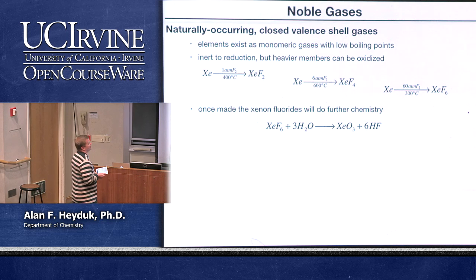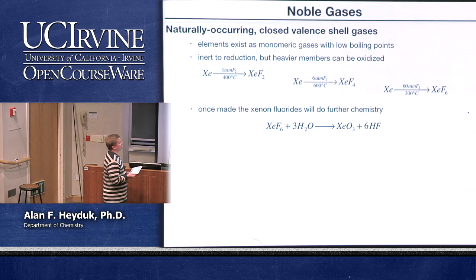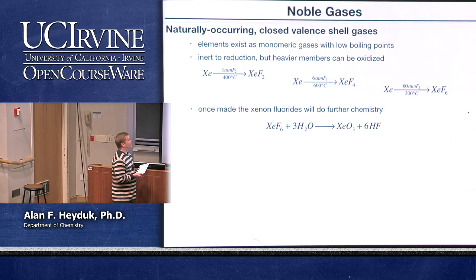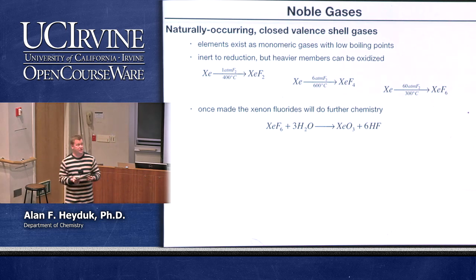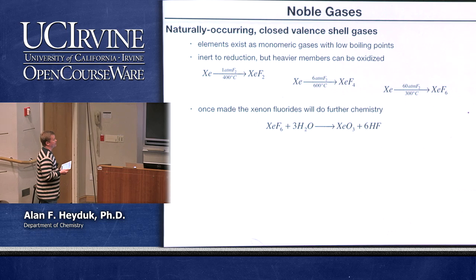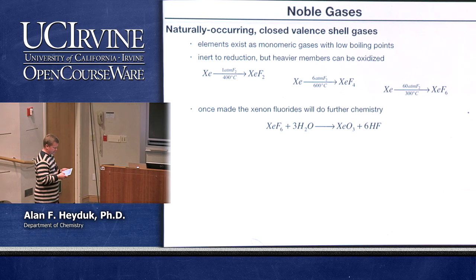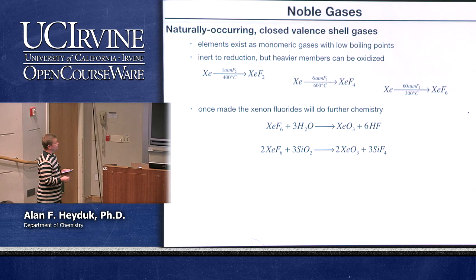These fluoride complexes of xenon will do other chemistry. So if you take xenon hexafluoride, put it in water, you can basically hydrate off the HF and make xenon trioxide. There's one for you. Why does that reaction matter? Xenon hexafluoride plus 3 silicon dioxide.